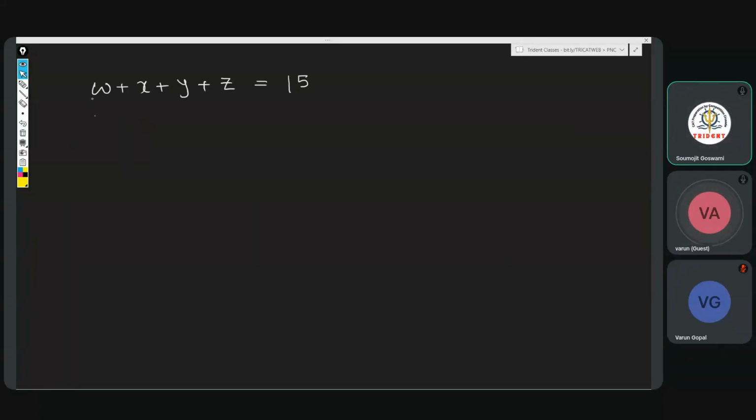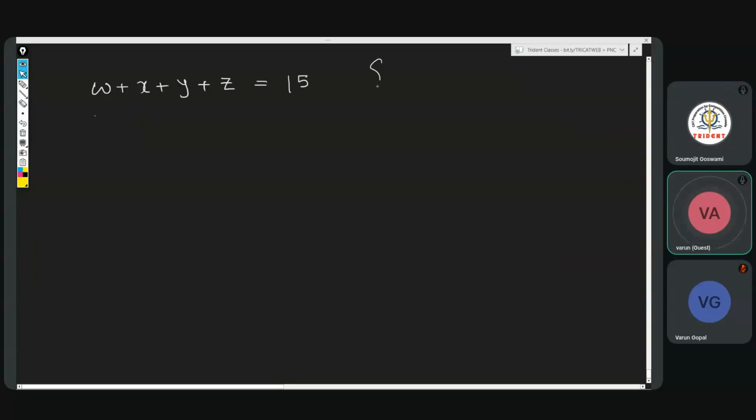Please understand all of them are digits, so there should be some condition on w, x, y, and z. All of them have to be less than or equal to 9. Any number I put in the position of w could be 0, 1, 2, 3, 4, whatever, but up to 9, because anything beyond that is not allowed.